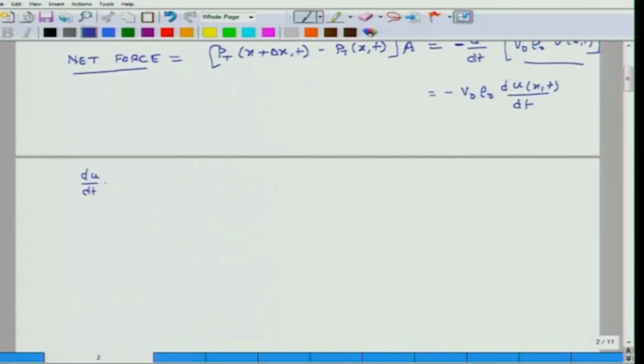du over dt, and that I can express because u is a function of x as well as time. So I can express it as partial of u with respect to time plus partial of u with respect to x times dx over dt. And please note that x is actually the position of this particle.